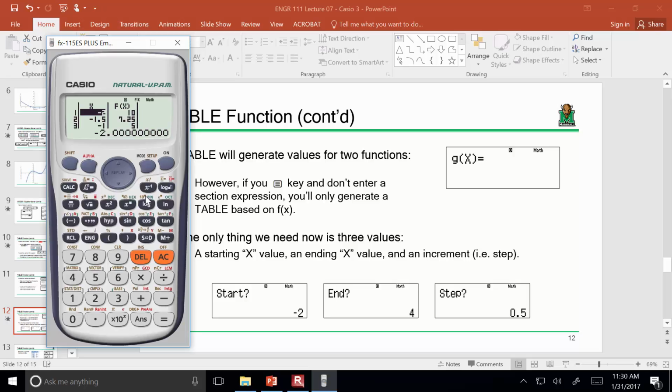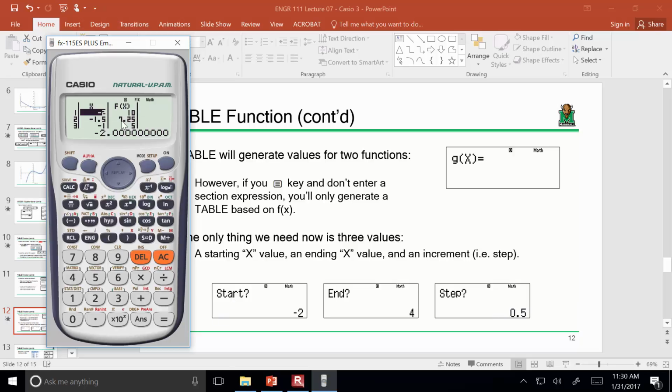Here is a table, and we're going to have to use these arrow keys to scroll through the results. The input x value, the -2, is at the bottom end of that starting range. And you'll notice the next x value is a step of 0.5 larger than that. So it starts at the bottom of the range and works upward.